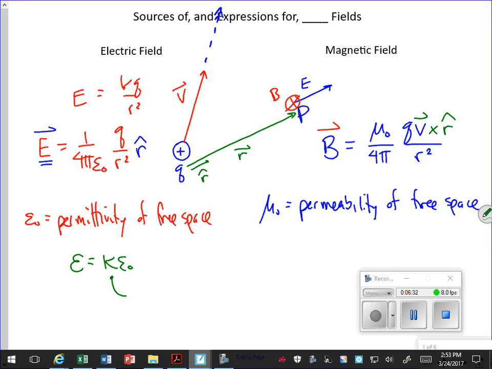The nice thing about performing this cross product is that the magnitude of that R hat vector is just 1.